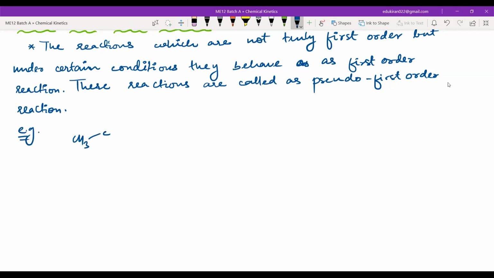For example, you have, let us say, CH3, C double bond O, OC2H5, okay, plus water. Now what will happen in the presence of H plus? This is what? This is an ester, right? The ester will break down like this, and it will form carboxylic acid and alcohol.